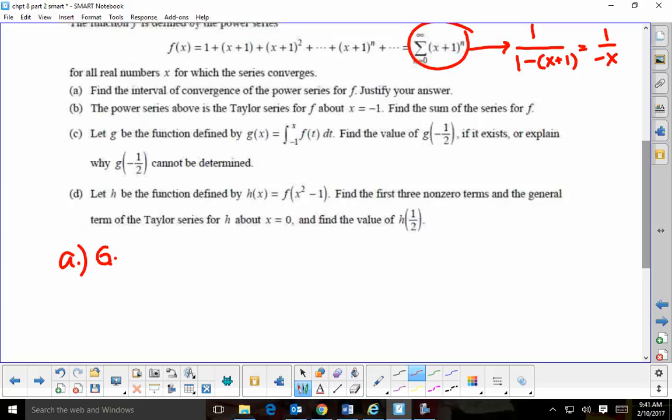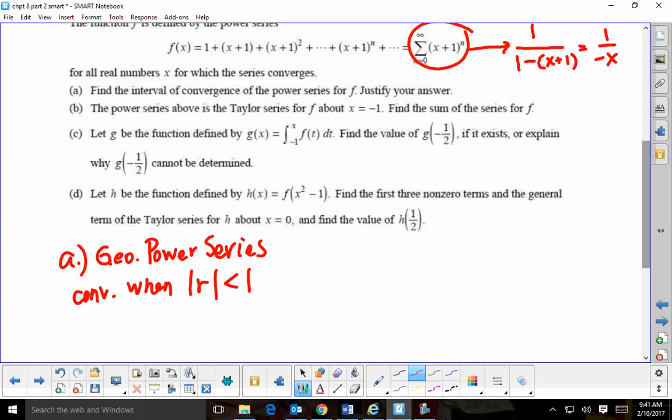So this is a geometric power series. So if it's a geometric power series, this converges when the absolute value of r is less than 1.